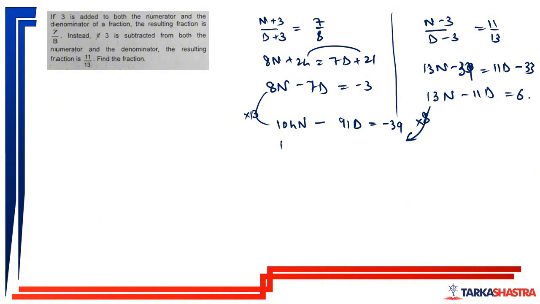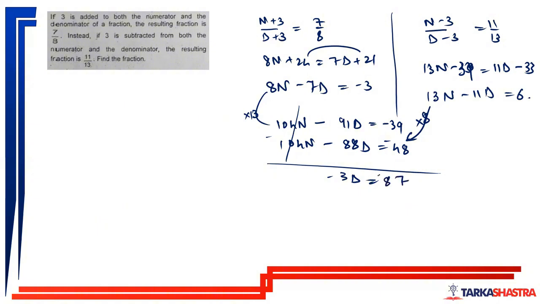That is 104n minus 11 into 8 is 88d is equal to positive 48, right? Subtract, so these cancel, minus 91 minus 88, so minus 3d. And subtract this also, so 39 and 48 is 87, minus 87, minus minus becomes plus, the value of d is 29, right? The value of d is 29. Substitute in any equation and you will get the value of n.